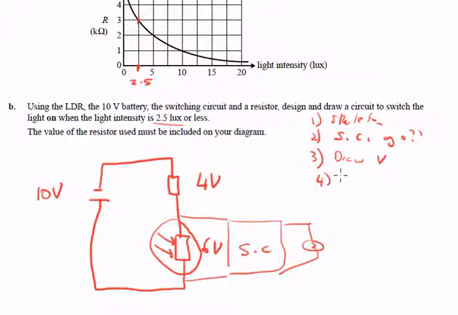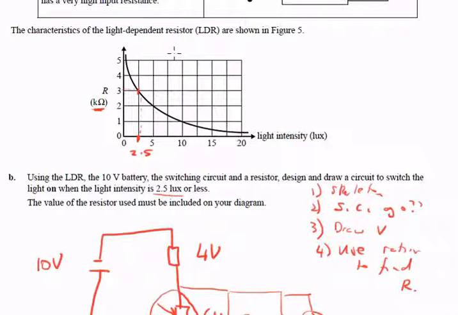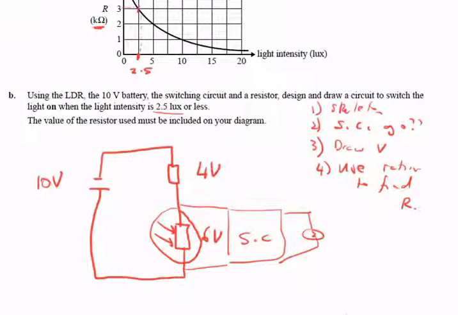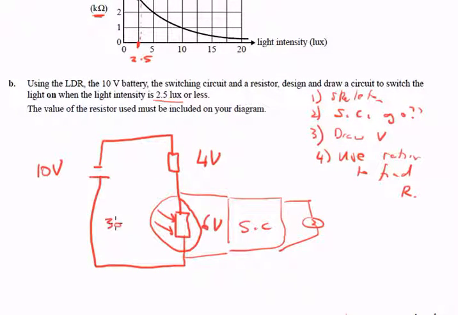Once we've done that, we use ratios to find the resistances. At 2.5 lux, here we are, we have 3 kilo ohms for the LDR, so 3,000 ohms. Let's look at the ratios.